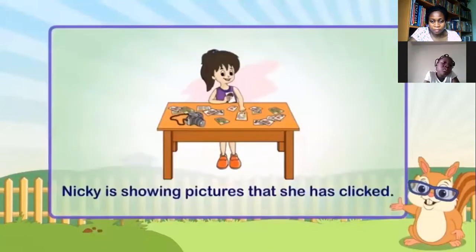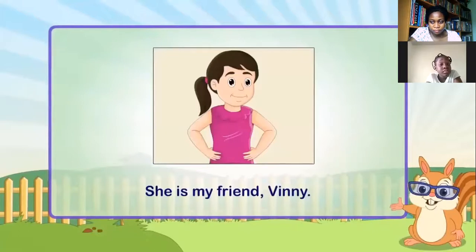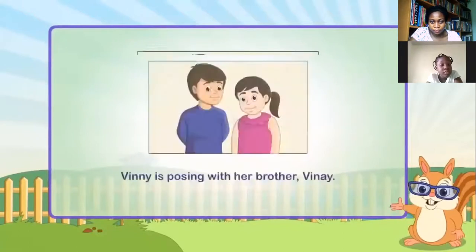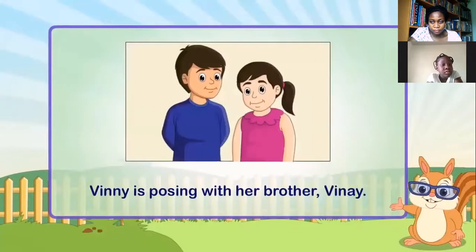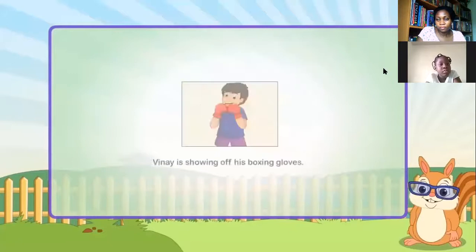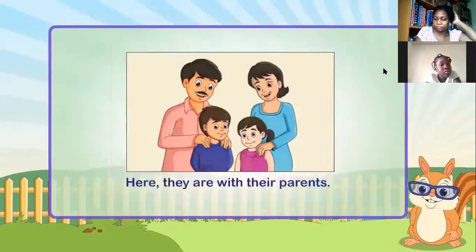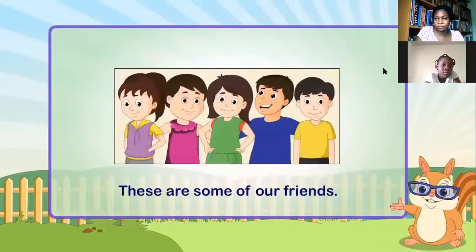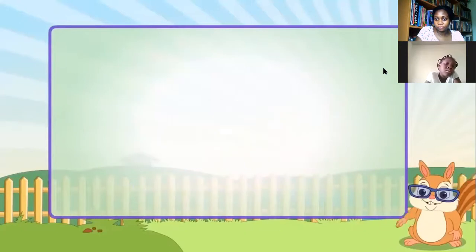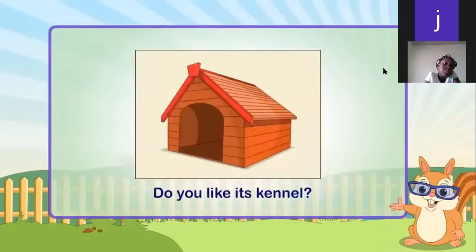He is showing pictures that she has clicked. Look at these sentences. Minnie is posing with her brother Vinay. Vinay is showing off his boxing gloves. Here they are with their parents. This is my new puppy. You like its kennel?